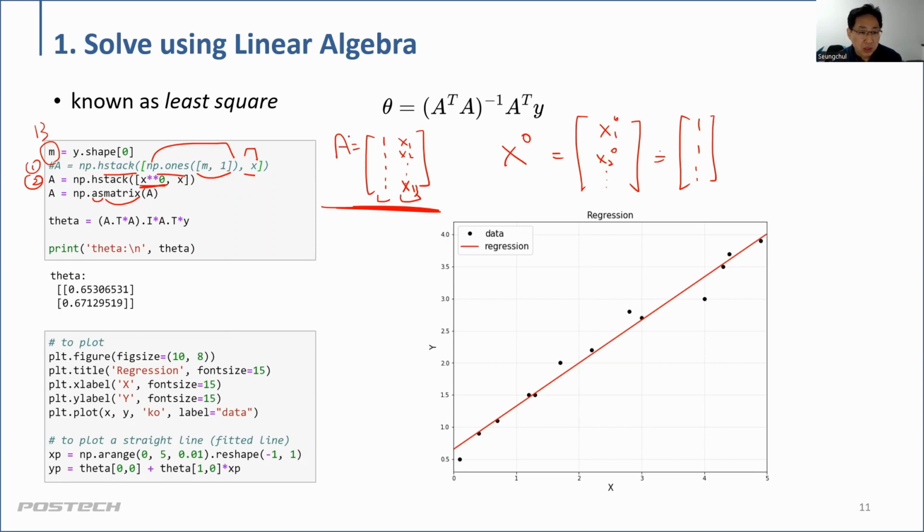Now we can use A dot T, which is A transpose, multiply by A, take the inverse, then A transpose and Y. We can compute theta. Here, the matrix command is not efficient computationally, but I want to show you that the mathematical equations and the coding are very intuitive and similar.